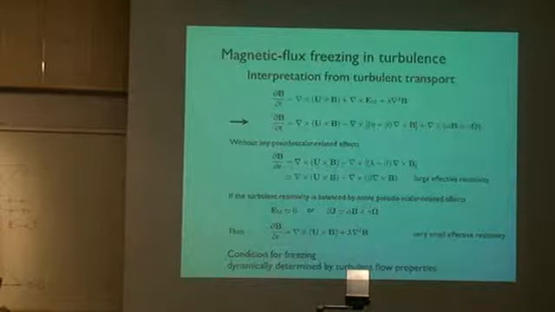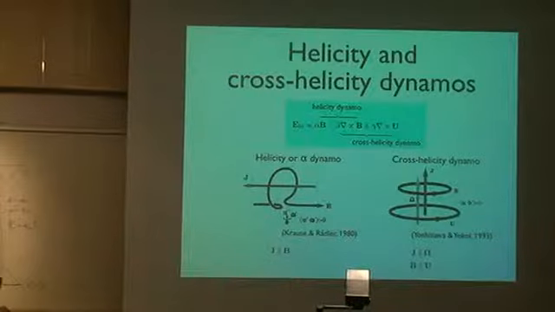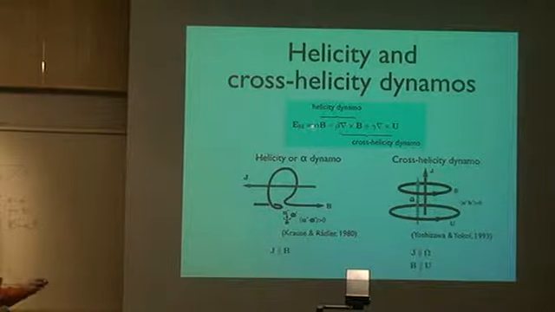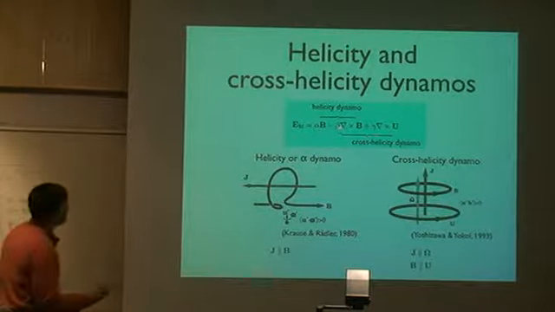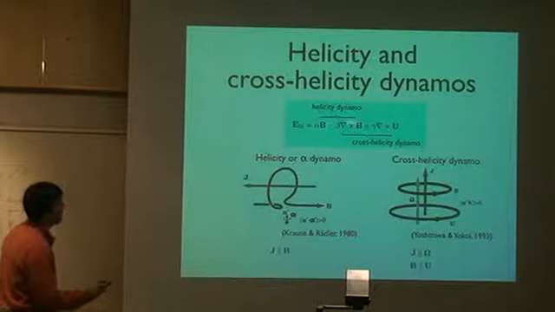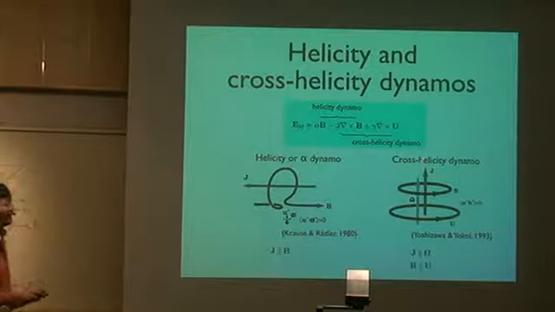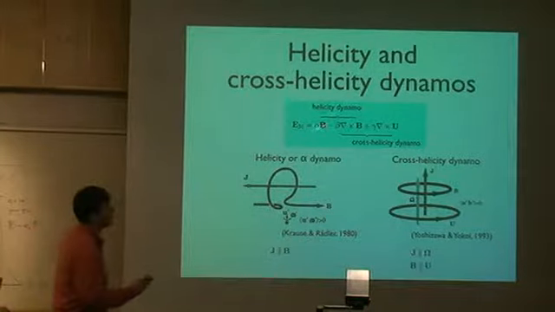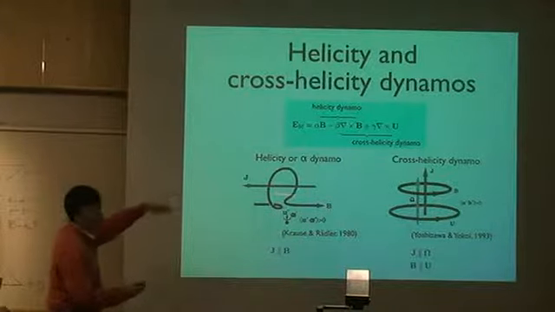Okay, magnetic flux threading is very interesting, but I will skip this subject. We have a contribution of three different terms, and if we only consider the balancing of two of these terms, then we have the helicity or alpha effect. The basic balance is from alpha and beta, so B and J are aligned.